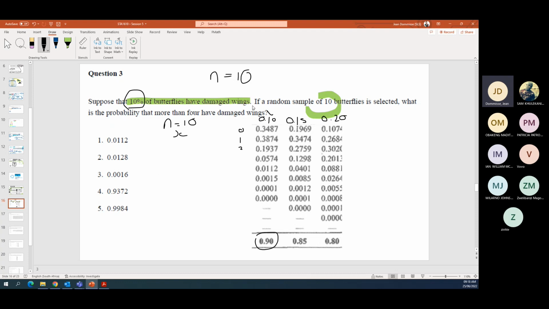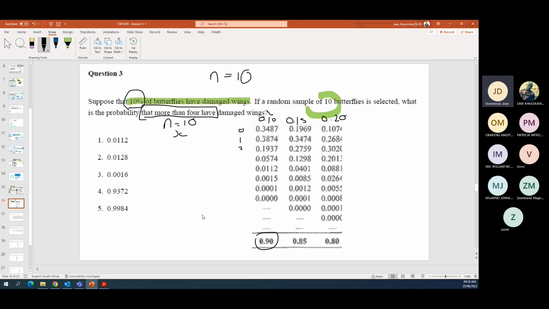Okay, so we've got a random sample of 10 butterflies. What is the probability that more than 4 have damaged wings? I will copy that piece of work out to show what that means.